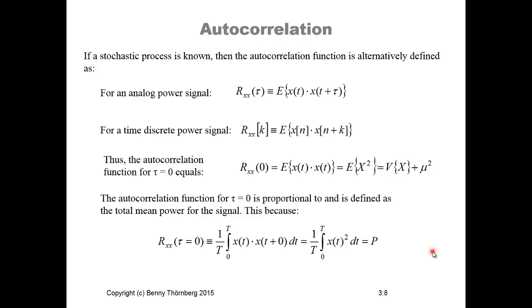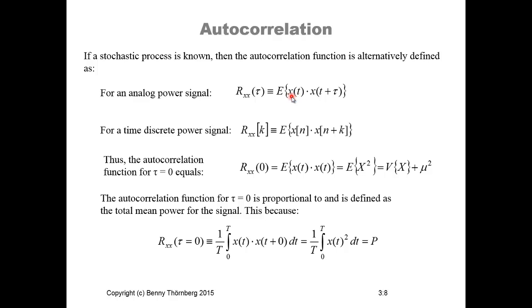If a stochastic process is known, then the autocorrelation function can alternatively be defined, for the analog power signal, as the expected value of two stochastic variables that come from the fact that when we are fixing the time for a stochastic process, what we get is a stochastic variable.